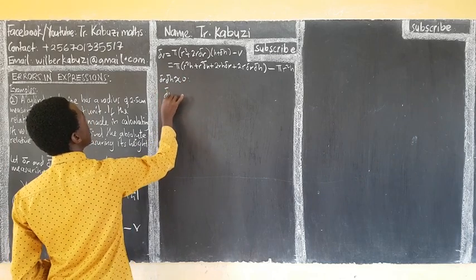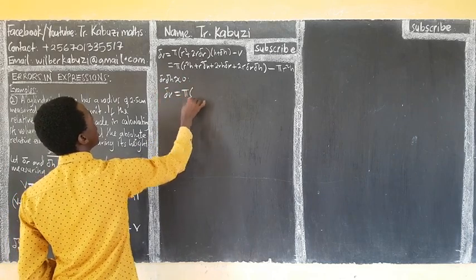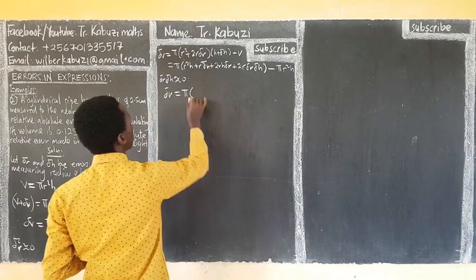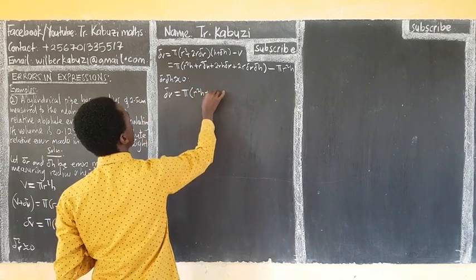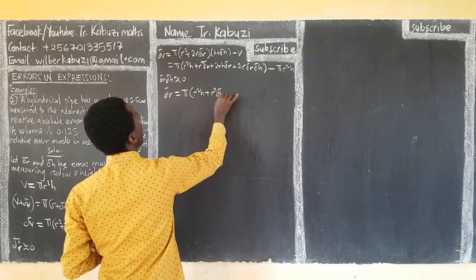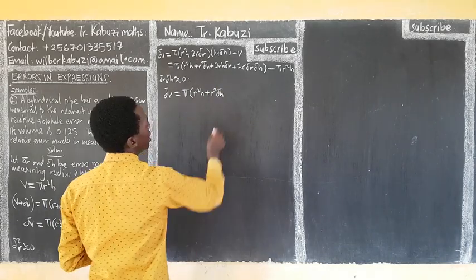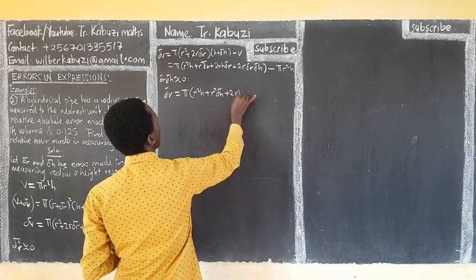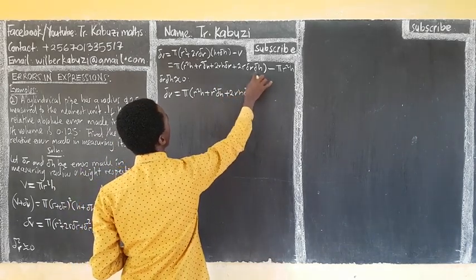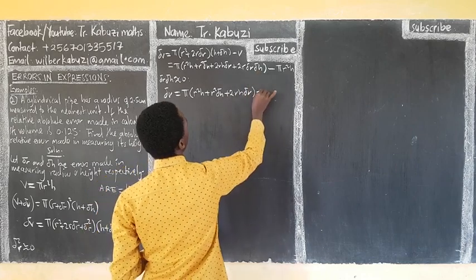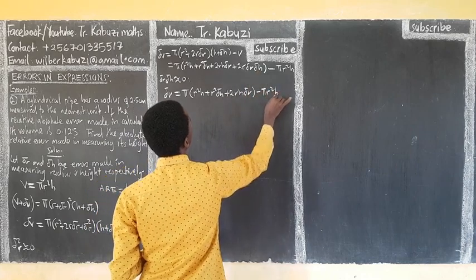So now sigma v is going to be pi into, remaining with r squared h, sigma h, the whole of this plus 2rh sigma r, the whole of this minus pi r squared h.